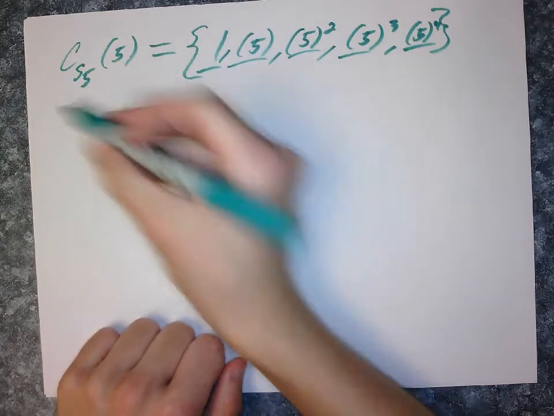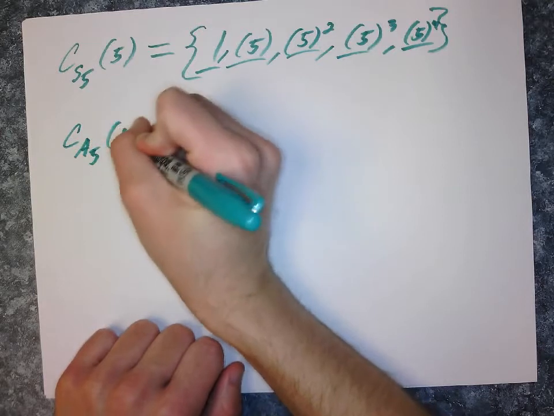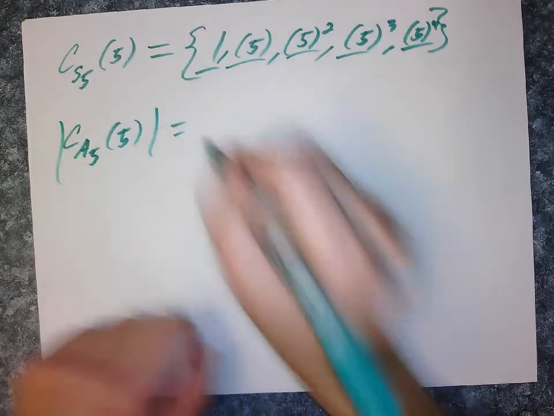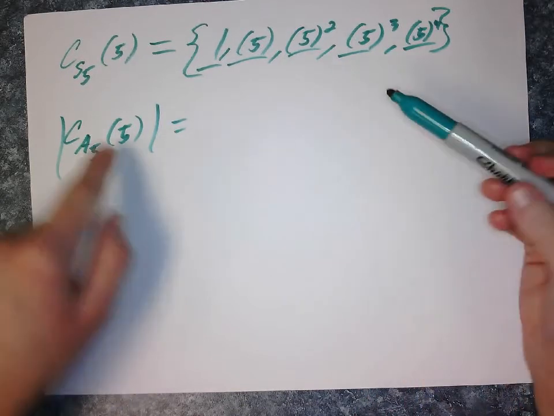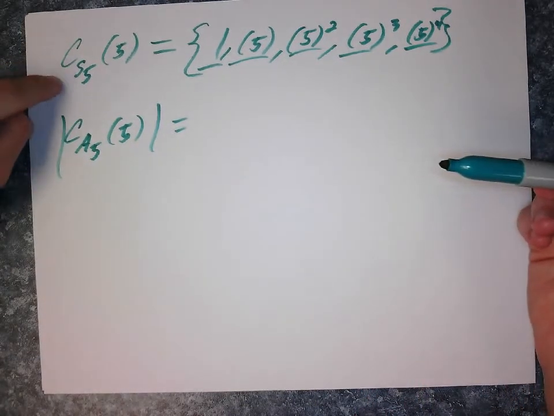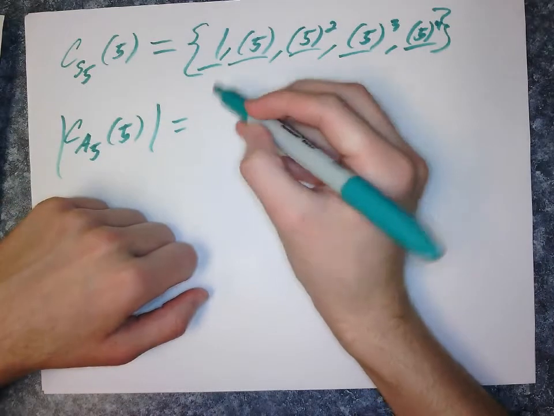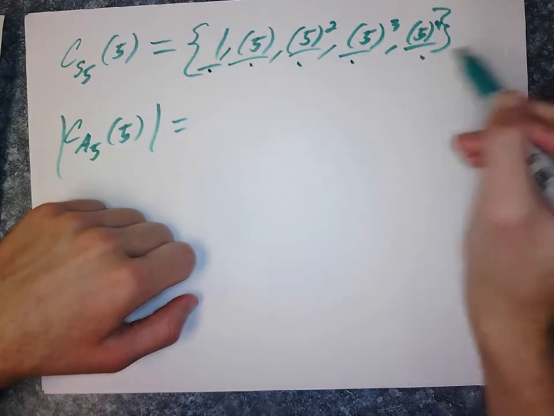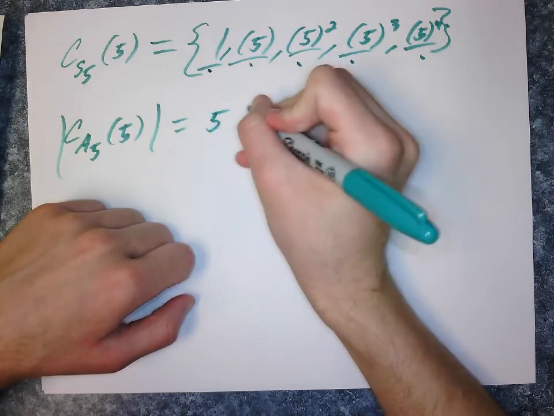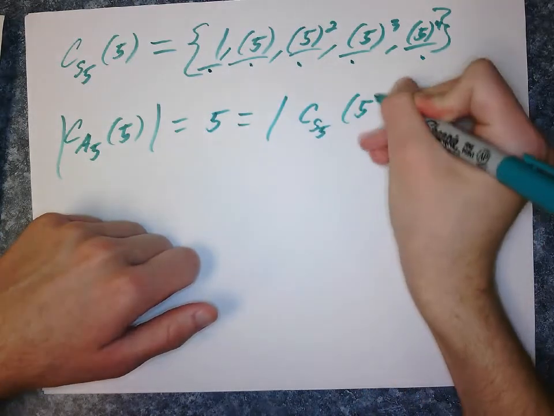To figure out the order of the centralizer in A5 of the 5-cycles, you just take the centralizer in S5 of 5-cycles and take out all the odd elements. But the identity is even, and all 5-cycles are even elements. And so this is actually equal to 5, the order of the original one.